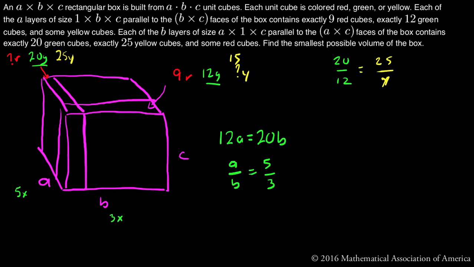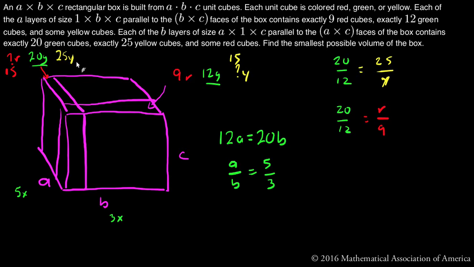And for the reds, I can do the same thing. So 20 over 12 should equal unknown, I'll say r, over 9, and cross multiply here, and I should get 15 reds here.